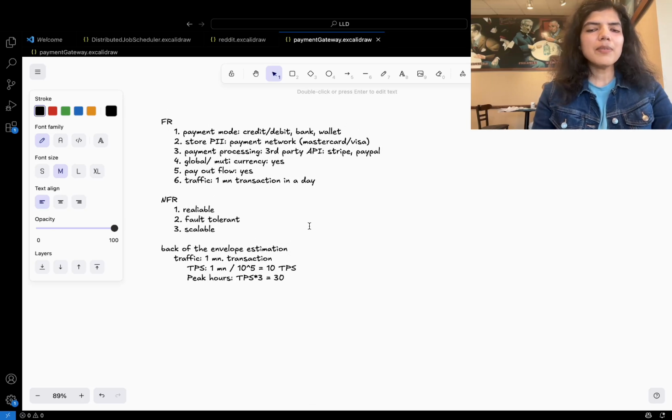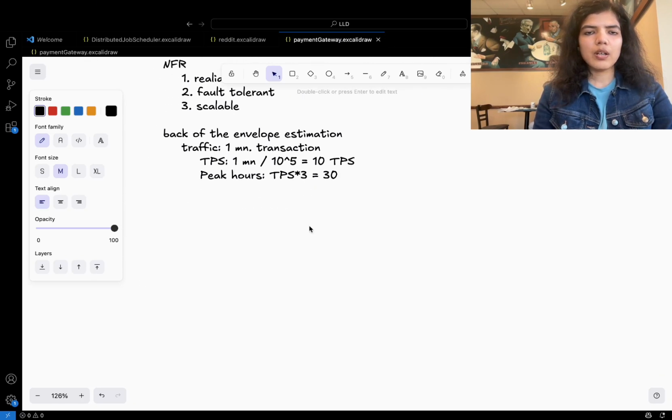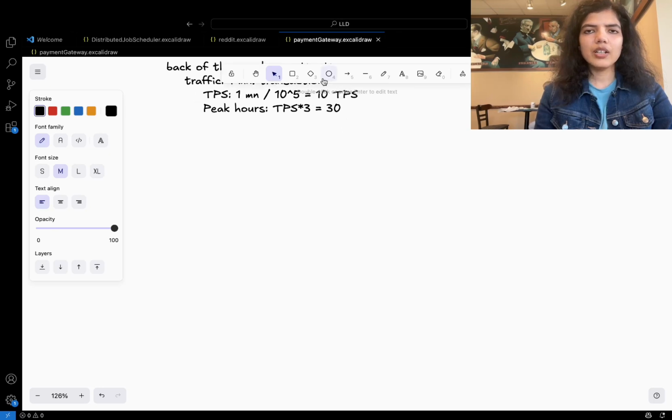Now, once we have the back of the envelope estimations, I would want to talk about the APIs. How do we want to design the APIs? While designing the APIs, the main API that we are going to talk about will be the POST API of the payment. So it would be version payment with the request.